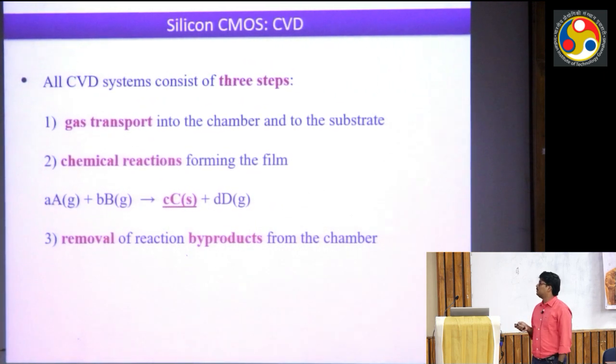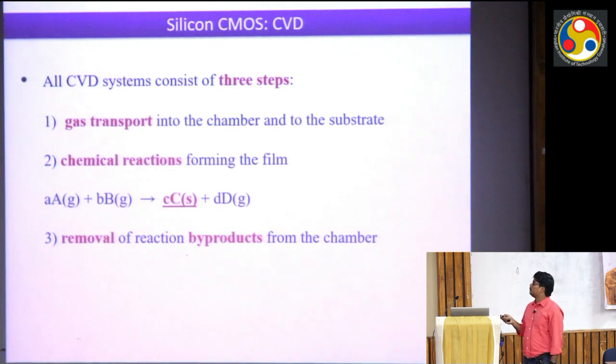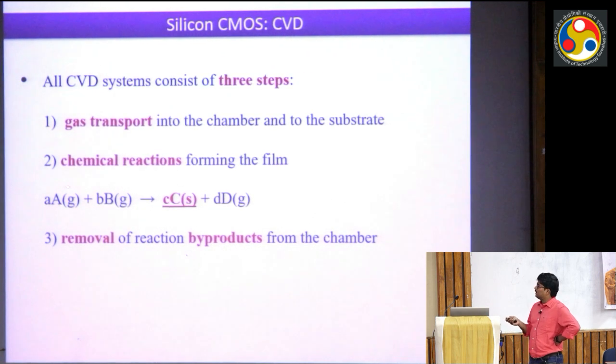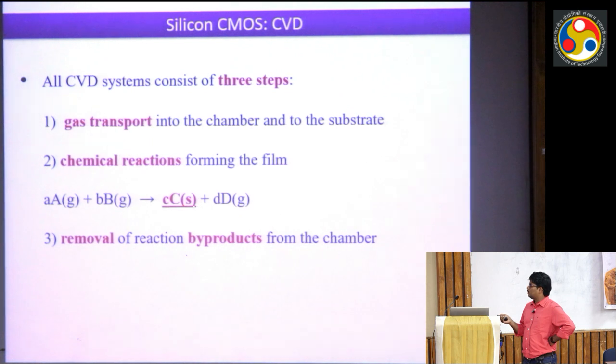So every CVD process typically consists of these three steps. Initially there will be gas transport, different gases will come to your chamber, and then there will be some chemical reaction. Here in the brackets G stands for gas, and A stands for solid. So you can see after chemical reaction between gas A and B, we will get this solid formation on the substrate.